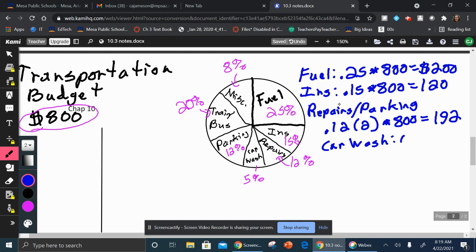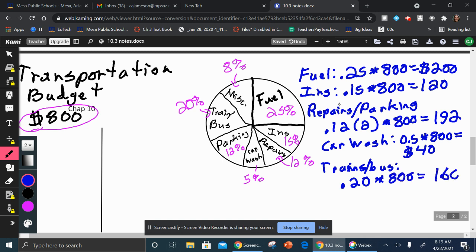So it's going to be 5% times 800. 5% of 800 is $40. And then we have trains and buses, which is 20% times 800.